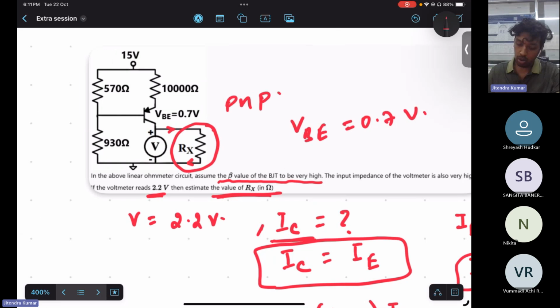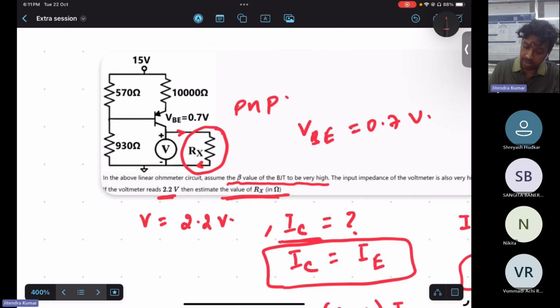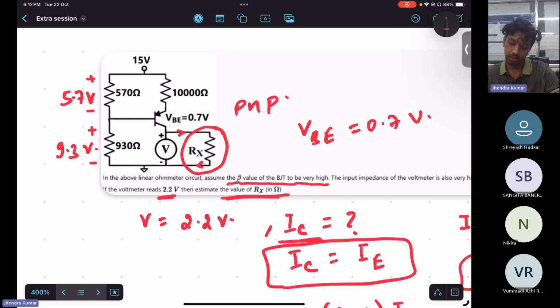So this 15 volt will be distributed among these two resistors according to the voltage division rule. If we divide this 15 volt, can I write it in this fashion: 5.7 volt and 9.3 volt? Have I written correctly?